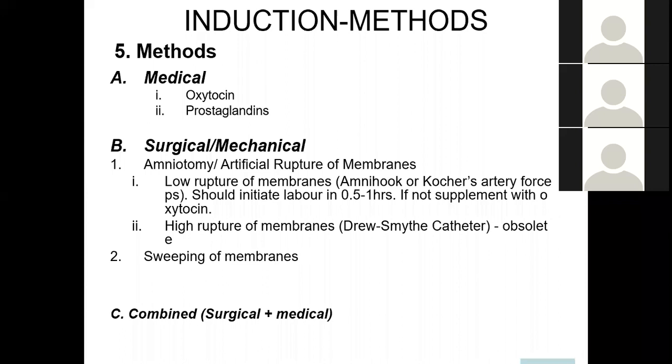In the artificial rupture of membranes, for the lower rupture of membranes, we use the amnihook or Kocher's artery forceps, and it should initiate labor in about 0.5 to 1 hour. If not, we supplement with oxytocin. Then for the high rupture of membranes, we use the Drew-Smith catheter, but it's obsolete, no longer being used. Then we have the sweeping of membranes that I explained earlier.